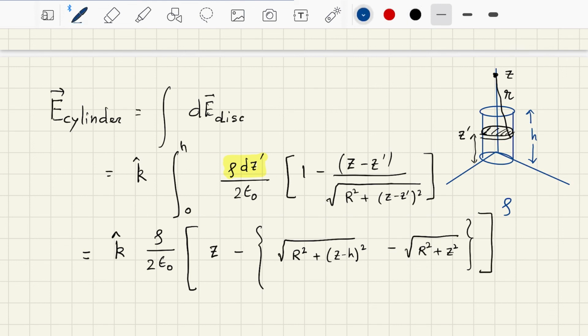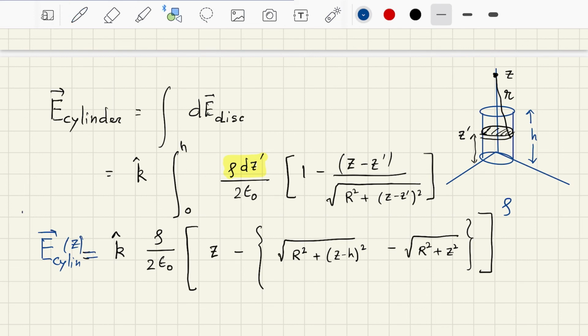All right. So this will be E cylinder, on the axis of course. Okay, it's E cylinder on the z axis itself.